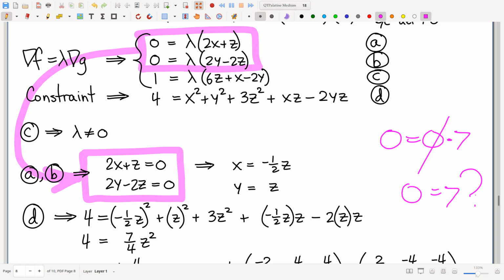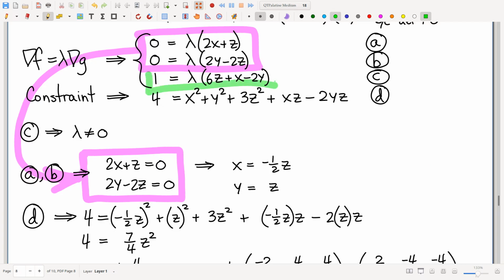This is one of these things that high schools tend to sweep under the rug and not worry about. And again, it's wildly inappropriate. I mean, am I wrong? You can't do that, right? Straight up not allowed. So before we claim that we can just go around canceling a lambda, we have to establish that lambda is not 0.